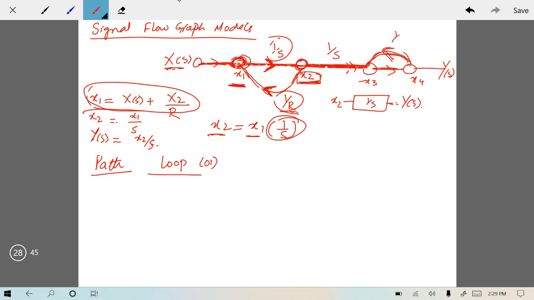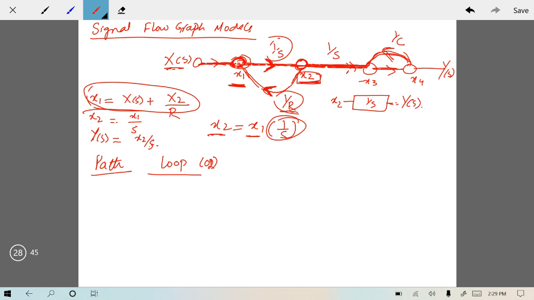Let's say this is 1 over c. So you see now there are two loops. One is this, you have started from x1 and you have reached x1. Then there is another loop, you have started from x3 and you have reached back to x3. Now the number of loops in this signal flow graph is two.